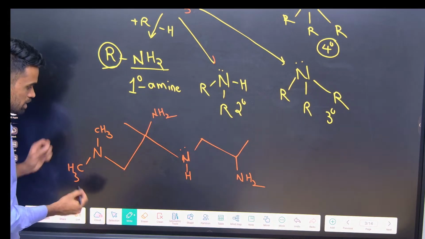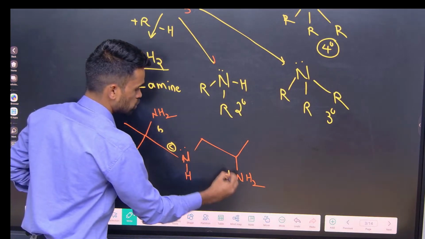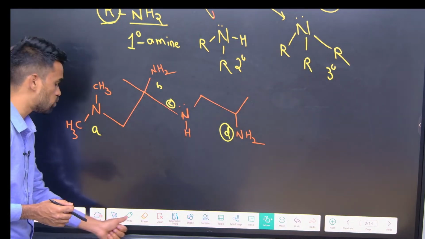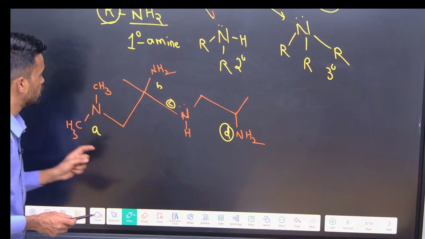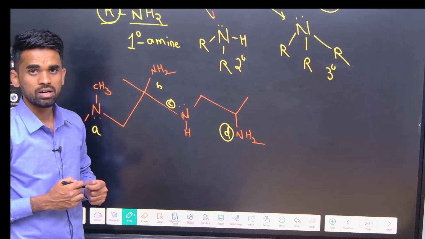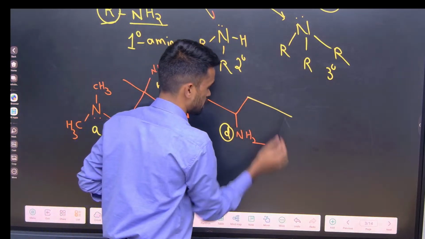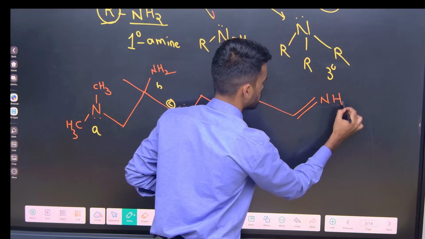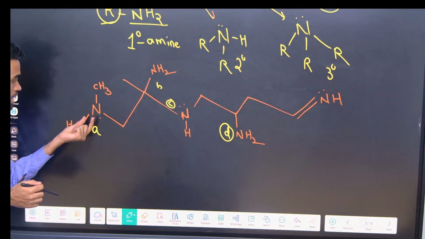I am numbering them as A, B, C, D. Identify what type of amine I have indicated. Those who are watching through the live session, please answer me. What will be the classification here? Is it a primary, secondary or tertiary amine, or what exactly is it? Tell me. I just wanted to add a few more things here.